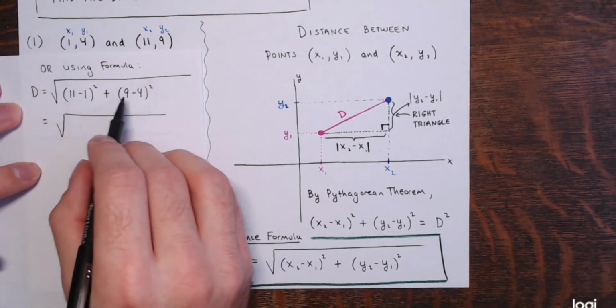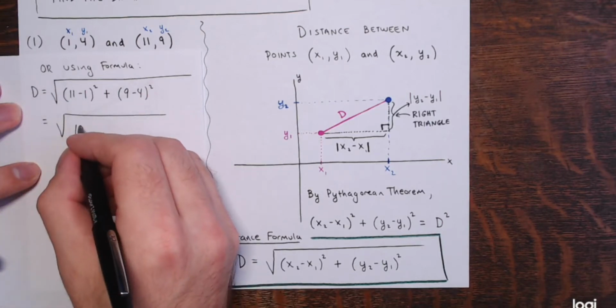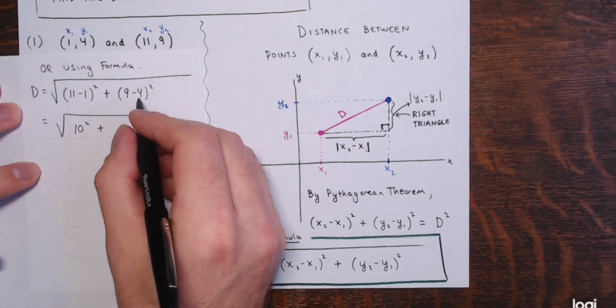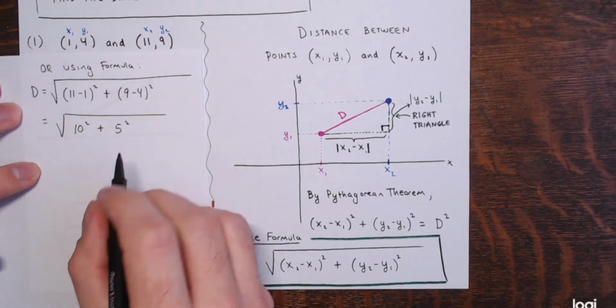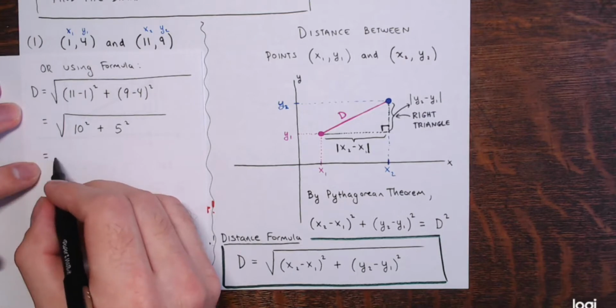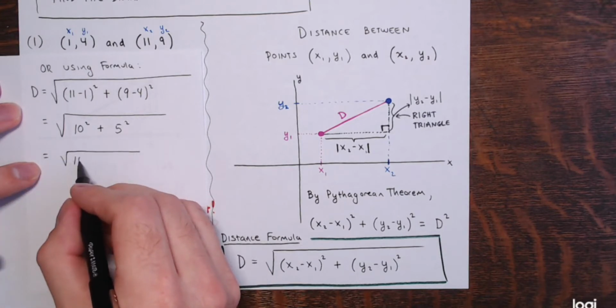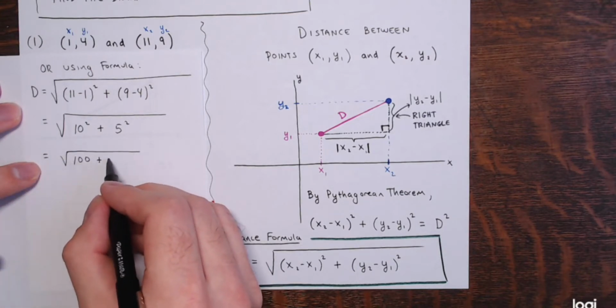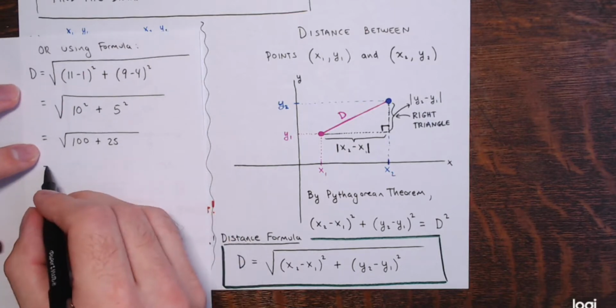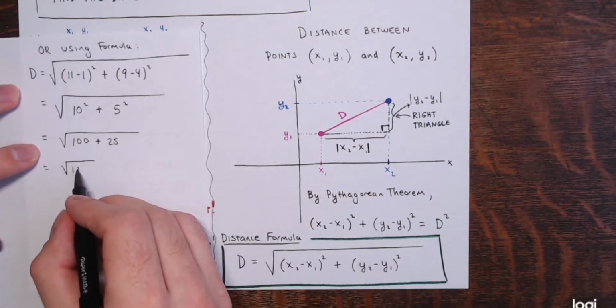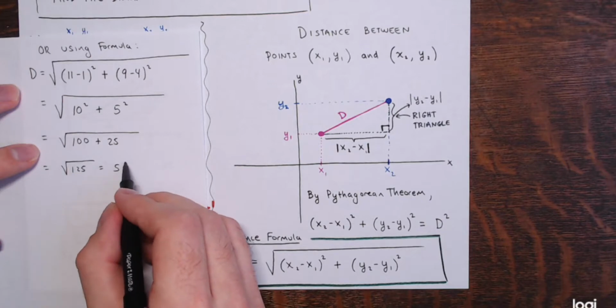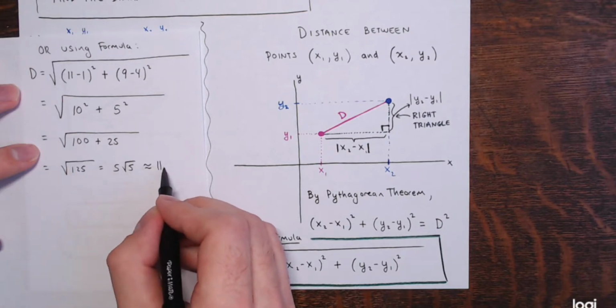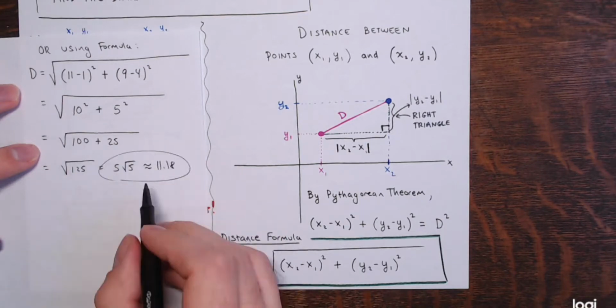All right, so then you just simplify stuff, right? Parentheses first, 11 minus 1 is 10, so that's 10, then squared. 9 minus 4 is 5, right? And then you do powers, right? So this would be the square root of 100 plus 25, and then 100 plus 25 is 125. And this ends up being exactly the same thing as I had earlier with the picture, right?